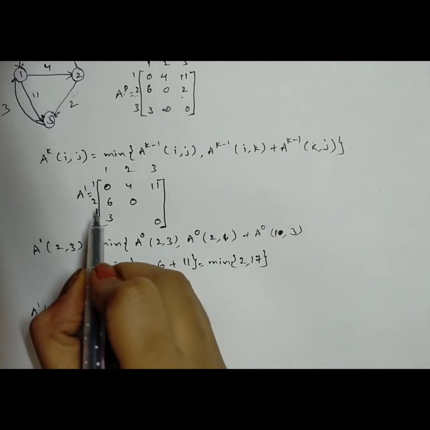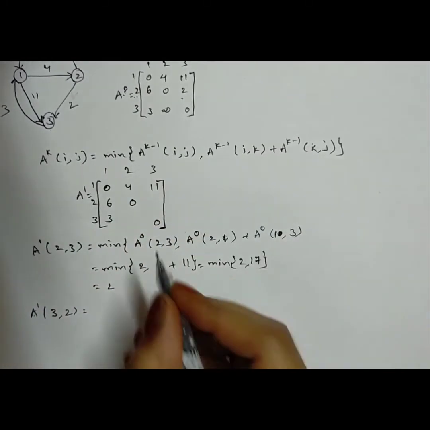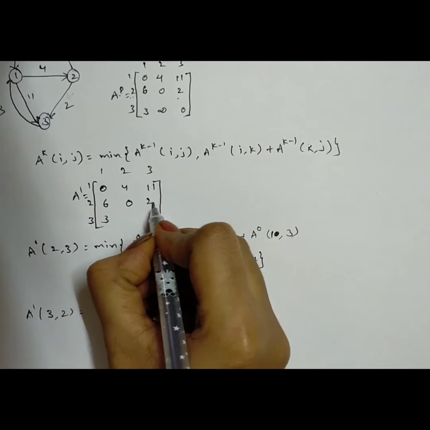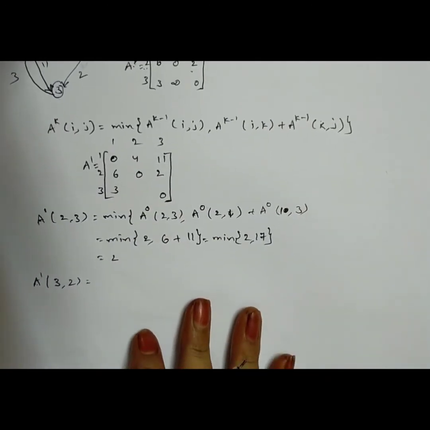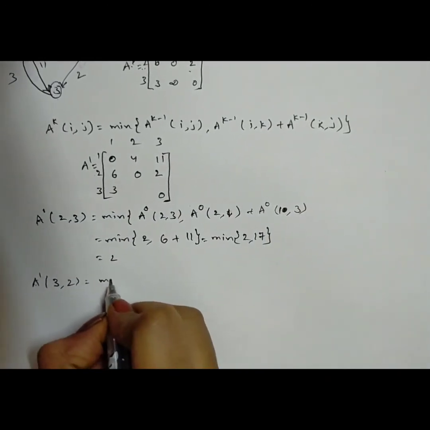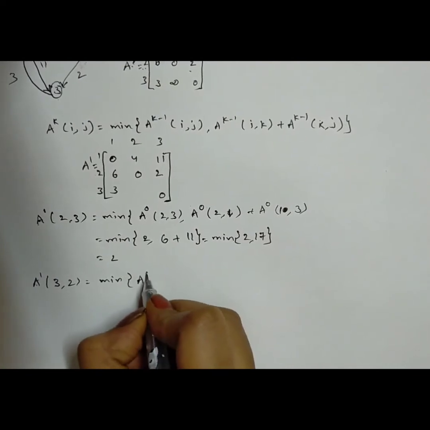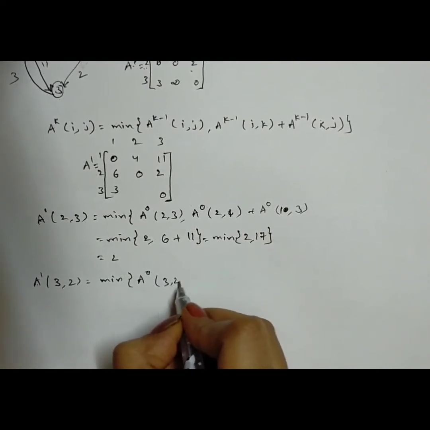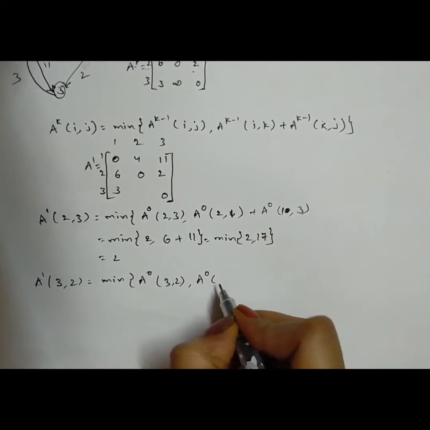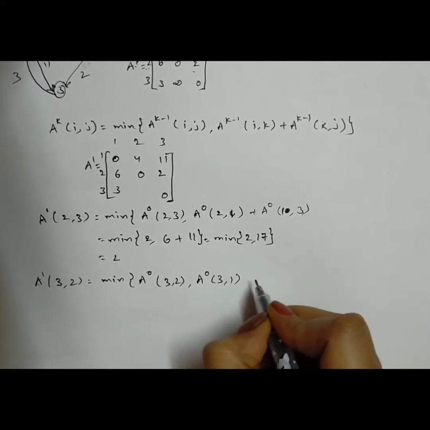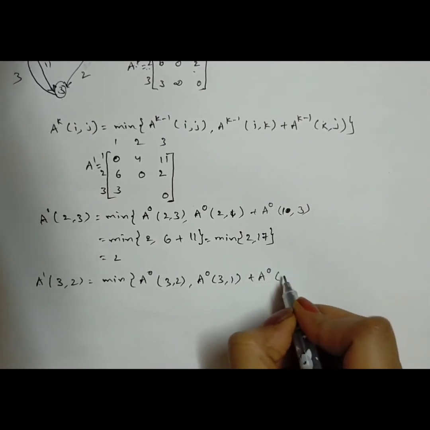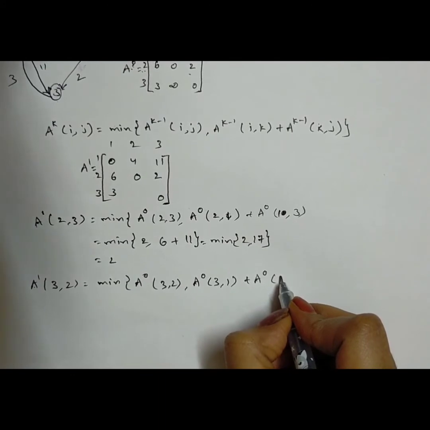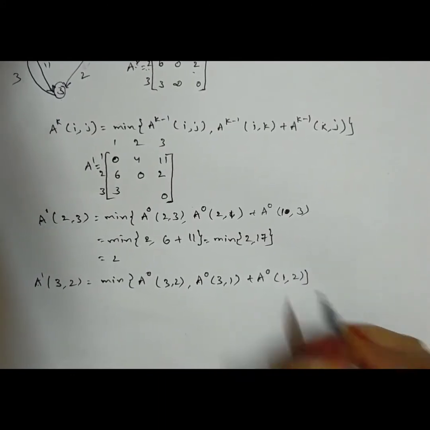So a1 of (2, 3) value, the distance of a of (2, 3) is 2. Okay, in the same way, minimum of a0 of (3, 2), a0 of (3, 1) plus a0 of (1, 2).